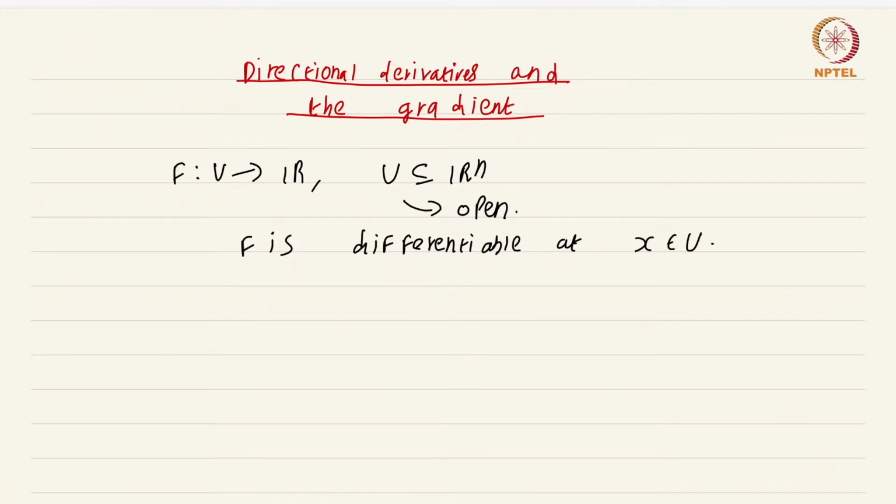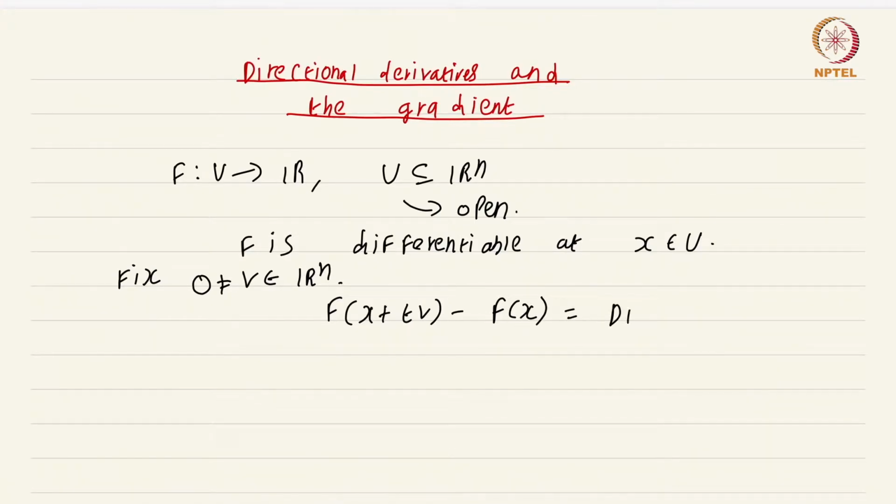Now fix a vector v in R^n, and fix this vector to be a non-zero vector. Then we know that we can write f(x + tv) - f(x) equal to df_x(tv) + e(tv).